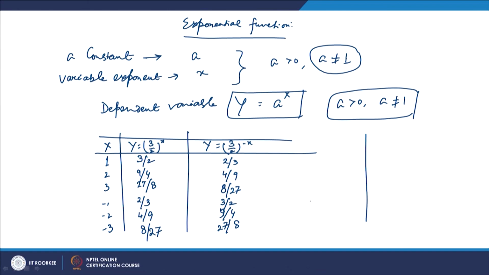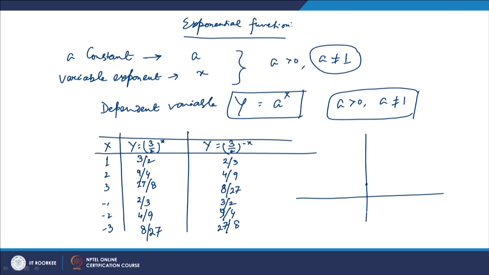If you try to take its graph, suppose you take the example of y equal to 3 by 2 raised to the power x. Now when this x is 0, its value will be 1, so at this 1.